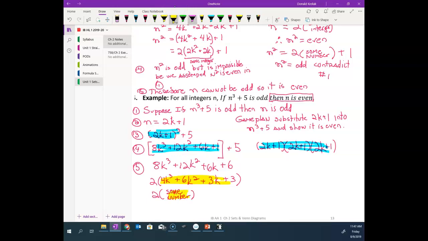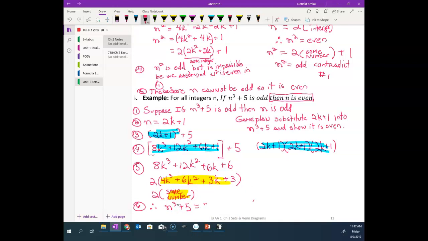That means that this whole expression is even. So we can conclude here that n cubed plus 5, since it equals this, has to be an even number.